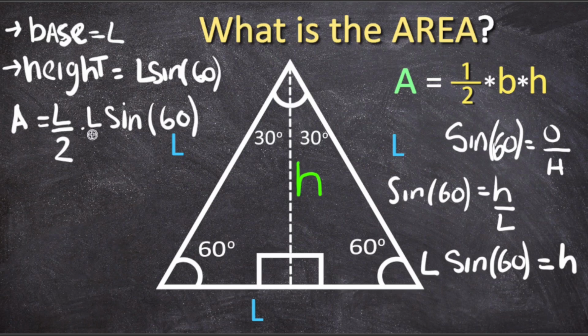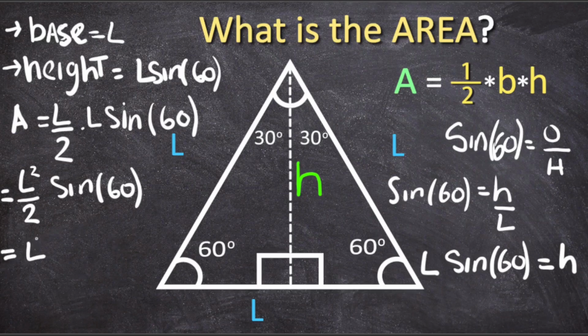We can simplify this a little because L times L is L squared, so that will be L squared over 2 multiplied by sine of 60 degrees. You'll find that sine of 60 equals root 3 over 2. So then this becomes L squared over 2 times root 3 over 2.